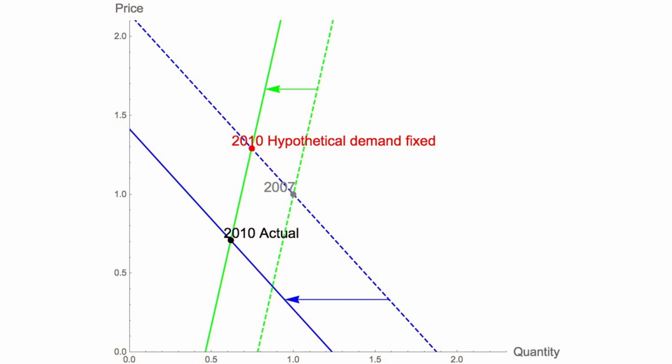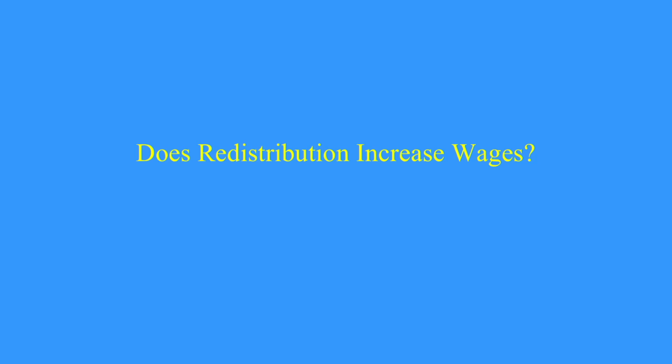So that brings us back to the question that we posed. Does redistribution increase wages? Well, it might reduce human capital. And if by wages you mean a quantity of human capital times a reward per unit human capital, it could well decrease wages.